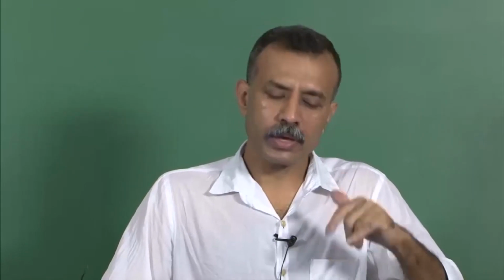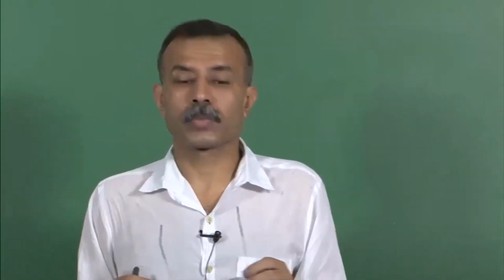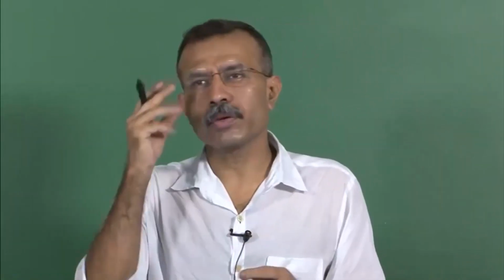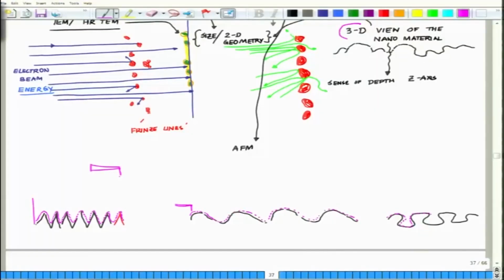You can keep it fixed or you can tap it. Okay. So, this is the third very powerful technique where you should be able to see another aspect which partly we observed using scanning electron microscopy, a three-dimensional aspect.